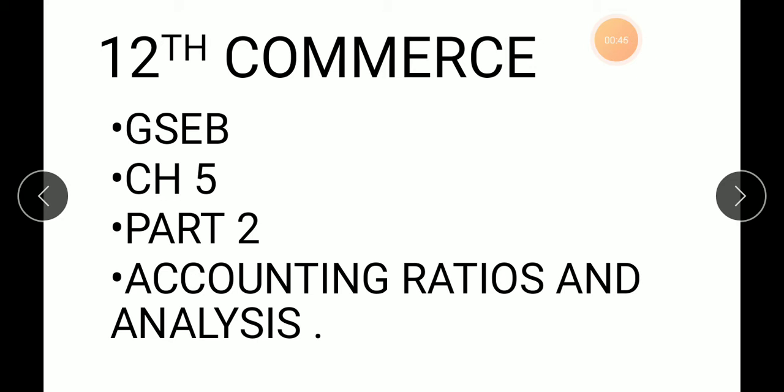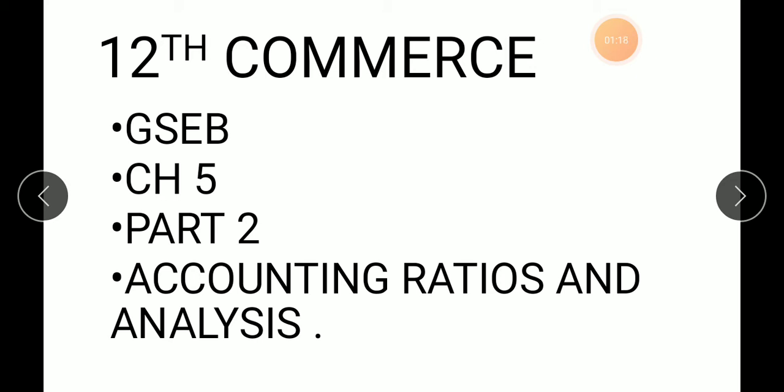So firstly, we have understood a bit of theory, the definition of this chapter, the definition of the accounting ratios. Thereafter, we have started with a topic called profitability ratios. In that, we have completed 4 ratios: firstly, gross profit ratio, operating ratio, operating profit ratio, and net profit ratio.